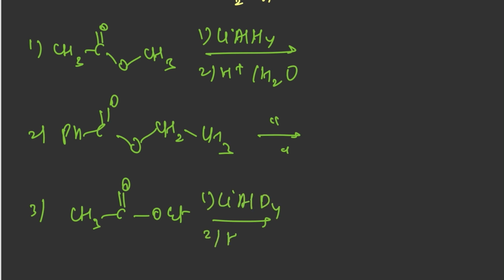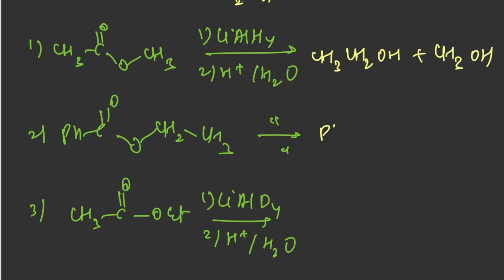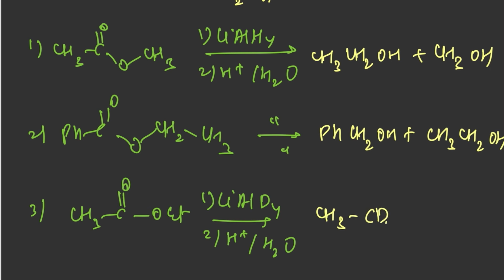Try to solve these three questions. It will have two products: CH3CH2OH plus CH3OH. Second, PhCH2OH plus CH3CH2OH. Third, CH3CD2OH plus ethyl alcohol.